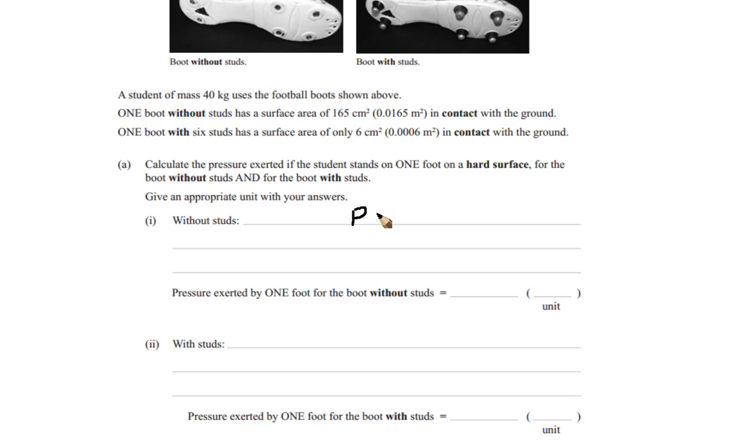Now the pressure is still always equal to the force divided by the area. And we worked out, say, for this first one, that is 400 divided by... Now if we were working out the pressure when you're standing on 2 feet, what number would we have to use for the area? Well, we'd take this number here, 0.165, but we'd have to double it, times 2.